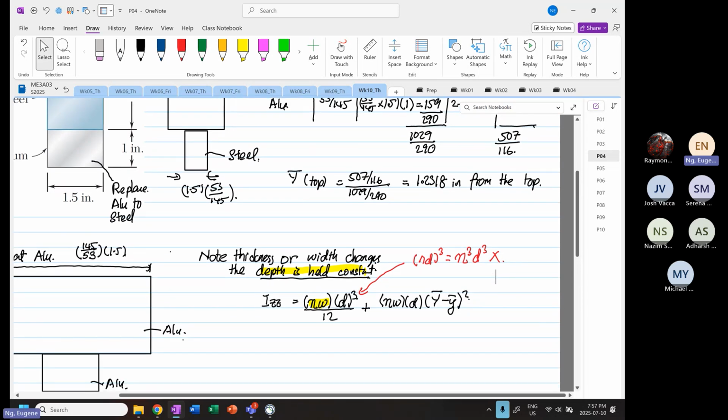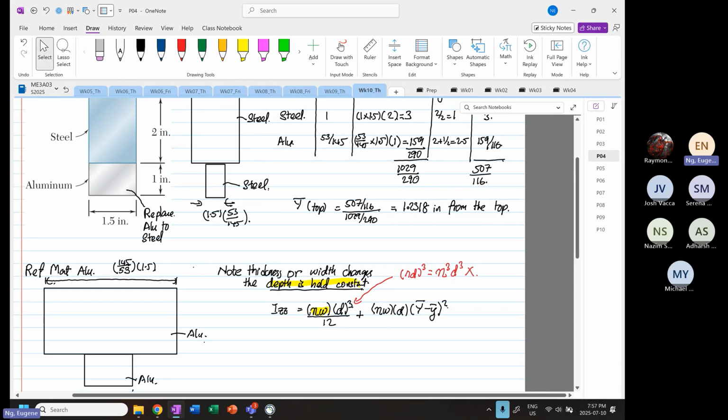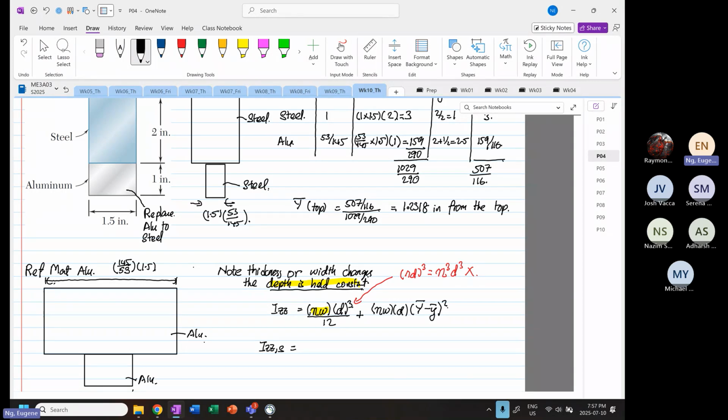So from here, we want to find the IZZ of steel. So the n is 1, the width is 1.5, the depth is 2 cubed over 12, plus 1 times 1.5, the depth is 2, y bar is 1.2318 minus 2 divided by 2, and this thing goes squared.